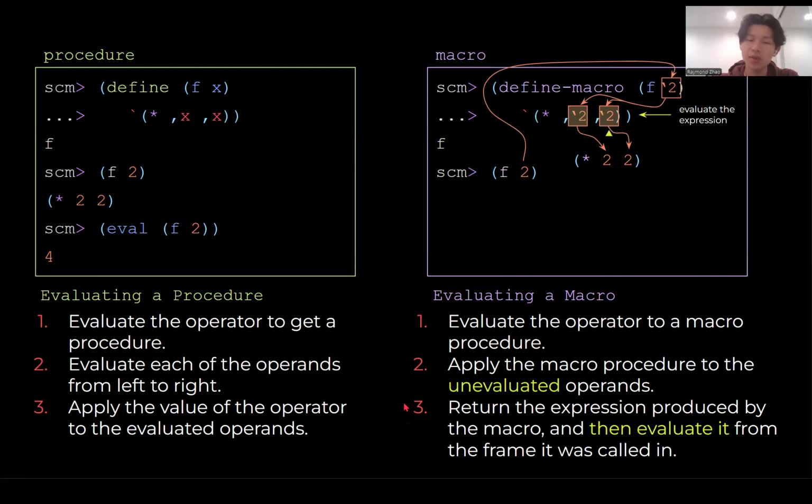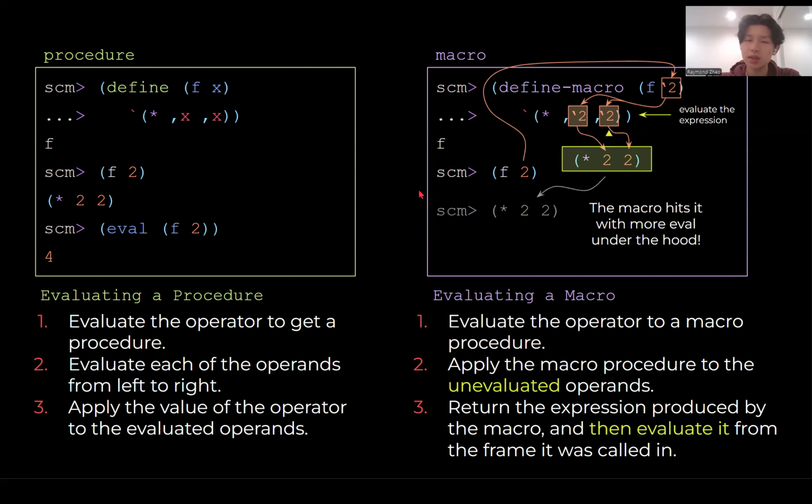But then we go on to step number 3, and what's special about a macro is that it's going to hit this expression with an extra evaluation. So under the hood, this expression, again, this is grayed out because you don't see it happen, but it is happening. It's going to evaluate it one extra time and spit out that 4 that we wanted in the first place. Okay, so we see that we've skipped this annoying extra step.